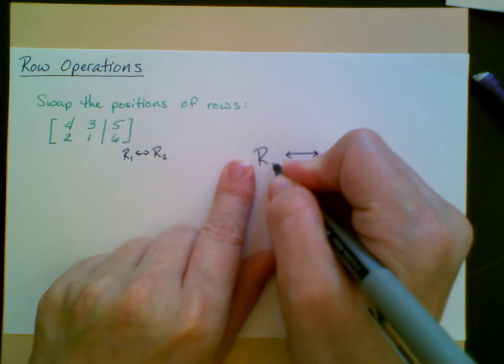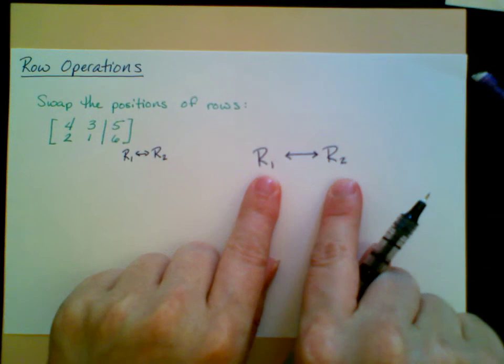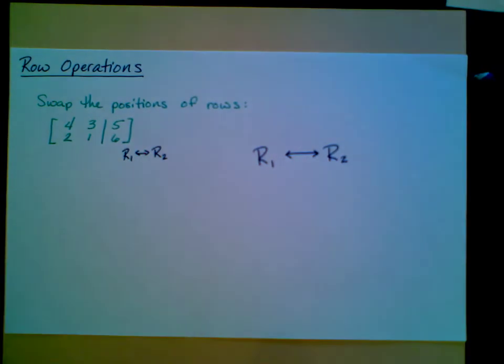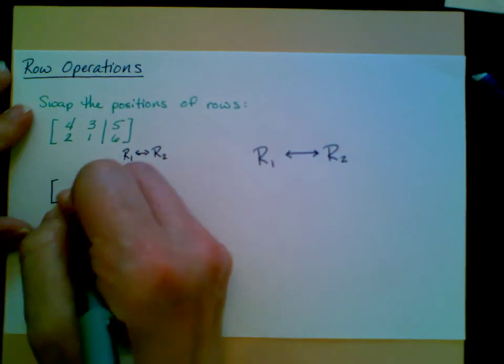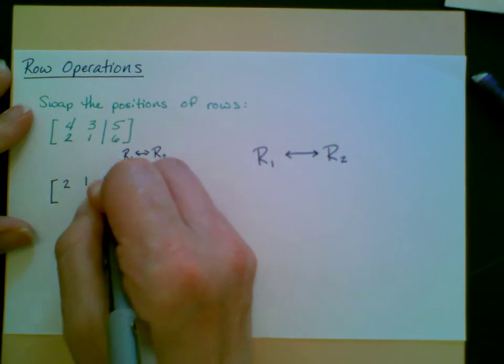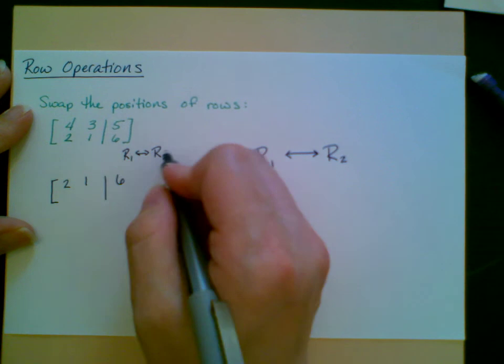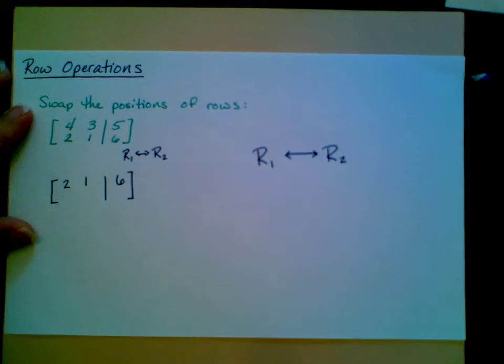So it's R sub 1 swapped with R sub 2. This is the information that tells me what I'm doing in this step. You will have open answer questions on the final, and you will be required to write out the steps just like that.